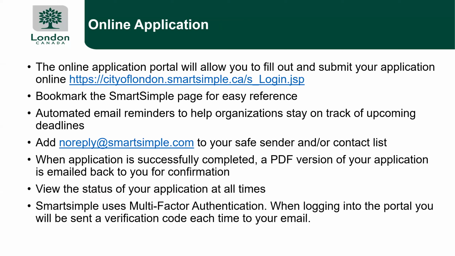When you're doing your application, you can always, and I'll show that in the coming slides, get a PDF of your application. You can always review the status of your application as well. And also, like I mentioned, there is a multi-factor authentication. So when you log in, you will also receive a notification from Smart Simple to enter a code to get yourself into the portal.